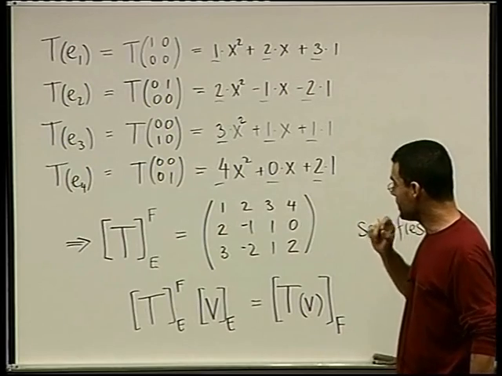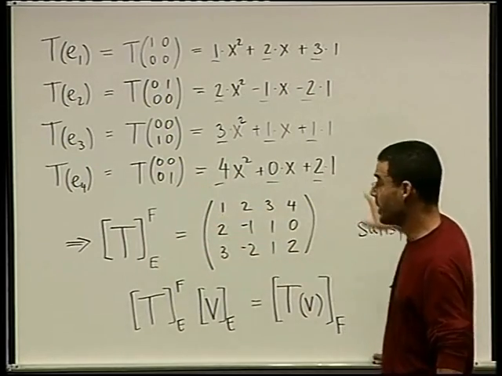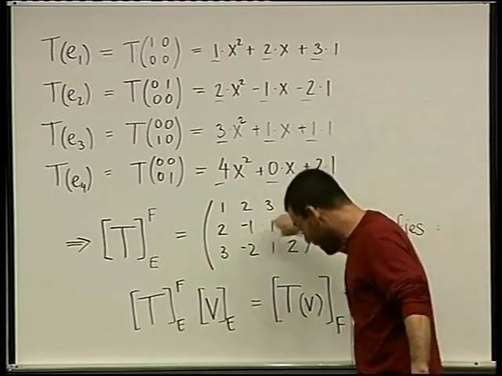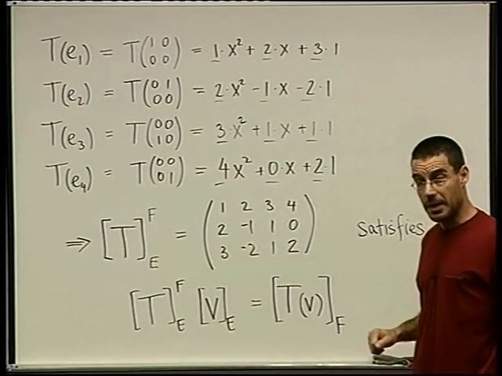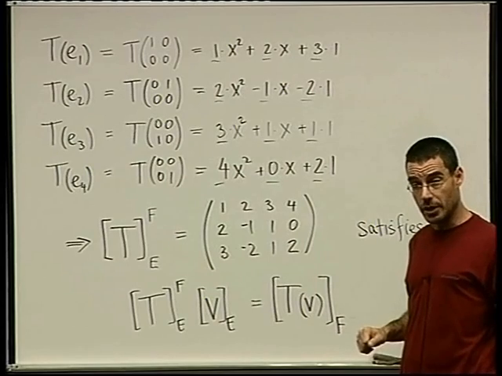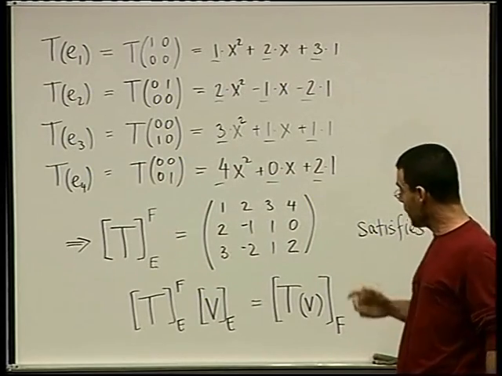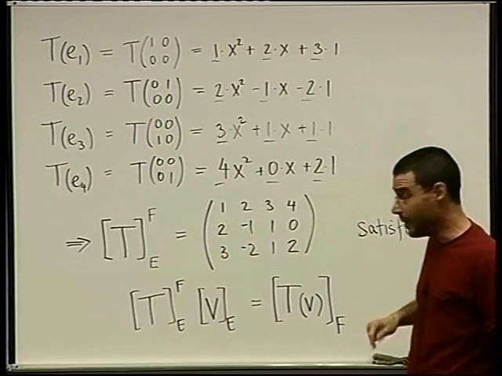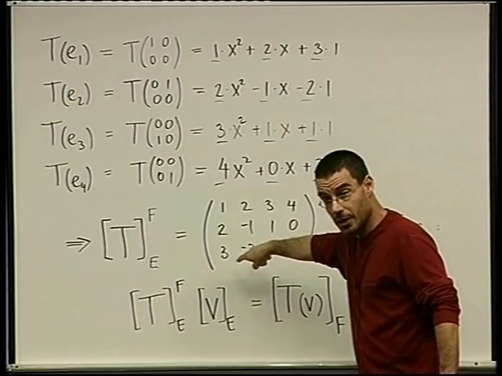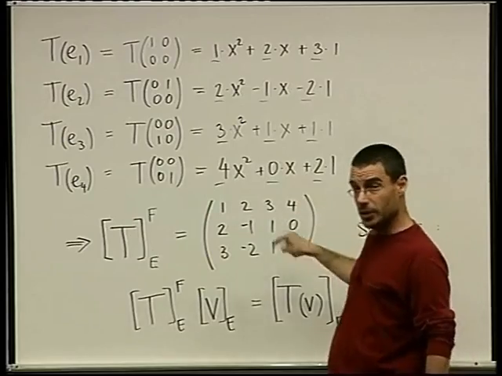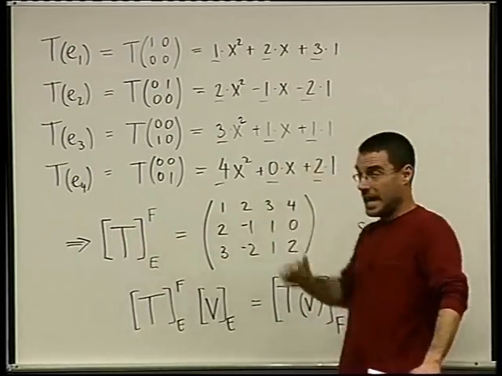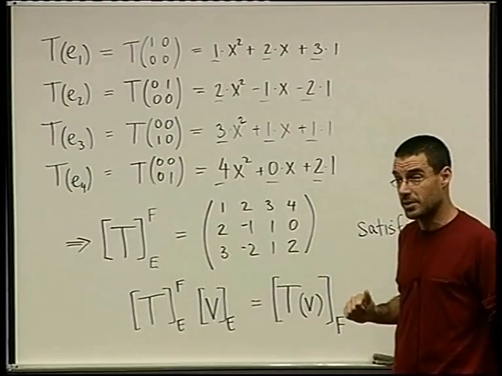So notice what happened here. I somehow managed to construct an example that yields this matrix as the matrix representation of the transformation. So you might ask, wow, how did you do that? That's not this. It's the opposite direction. You had a matrix, and you wanted to construct a linear transformation that would somehow have this matrix as its matrix representation.